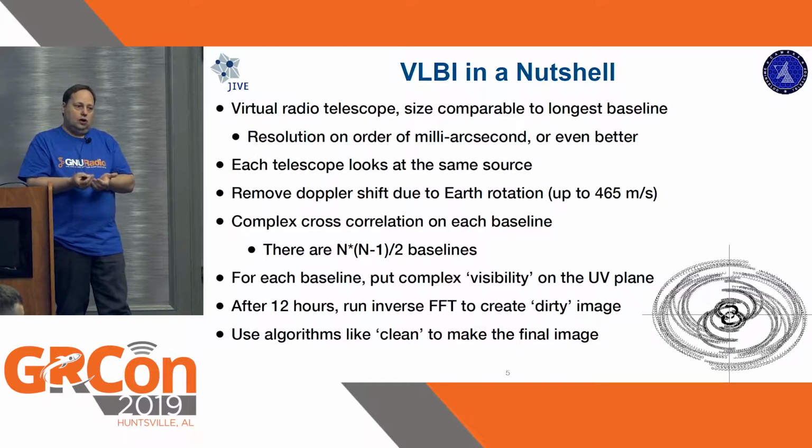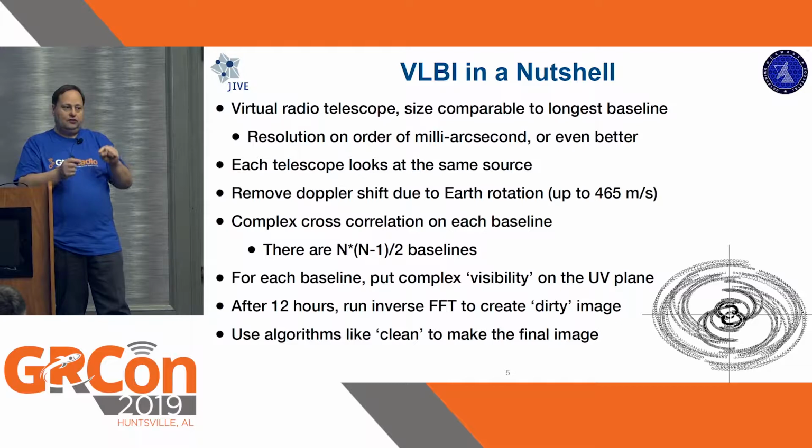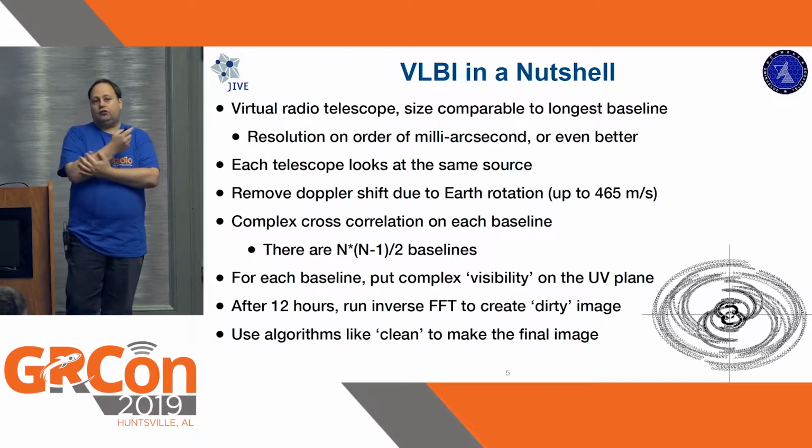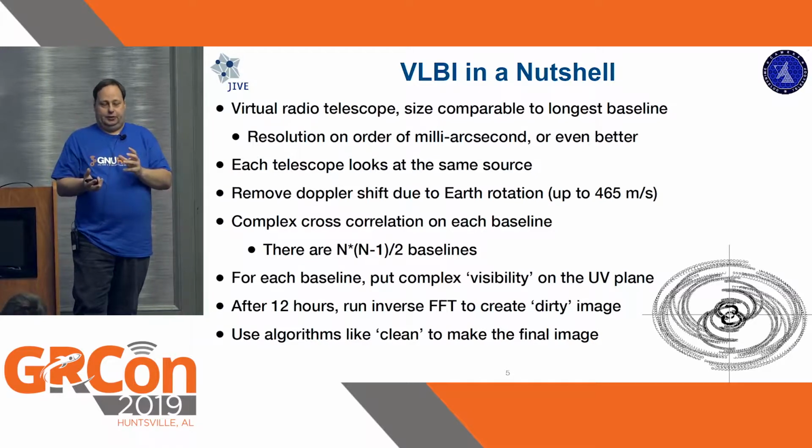Then you calculate the complex cross-correlation on each of the baselines, so from each telescope to each of the other ones. And you fill this in a so-called UV plane where you have basically the wavelength as the two axes, and then if you do a Fourier transform of this, you actually get an image.